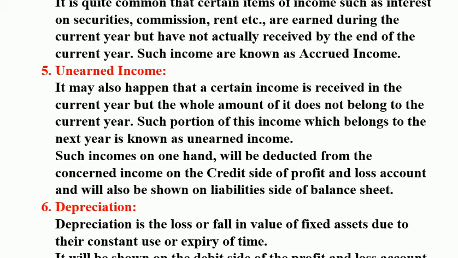Because this is a liability for the concern, because we have received the income which we haven't earned, है ना. So the treatment of unearned income: it will be deducted from the concerned income on the credit side of profit and loss account, and it will be shown on the liability side of the balance sheet. I hope it is also clear.